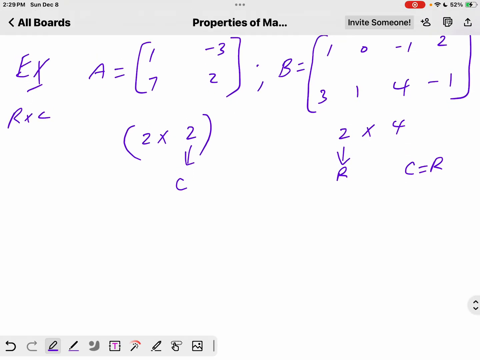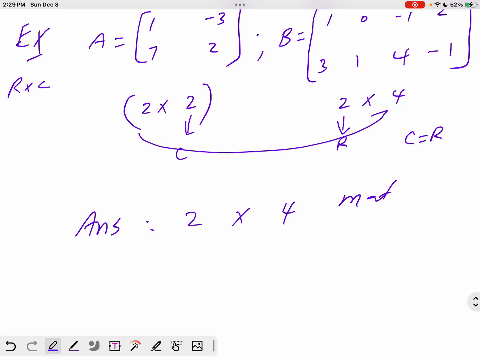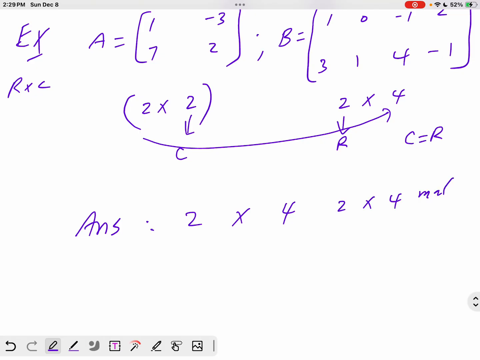So 2 equals 2, which means the multiplication is possible. And your answer is going to be a 2 by 4 matrix, the first and last numbers.